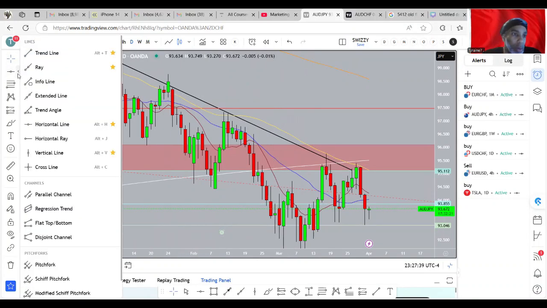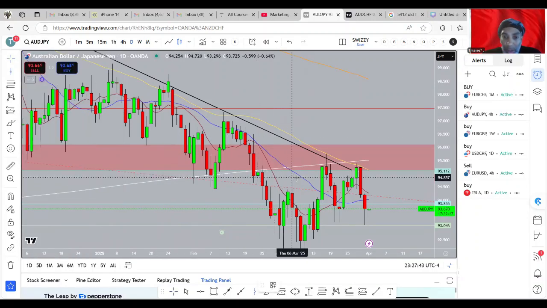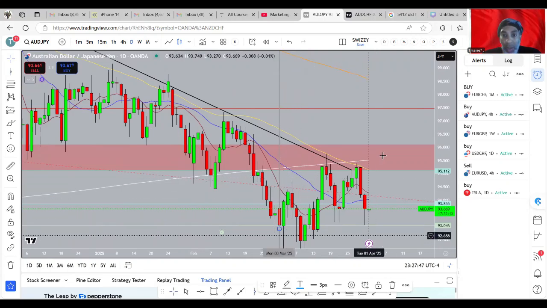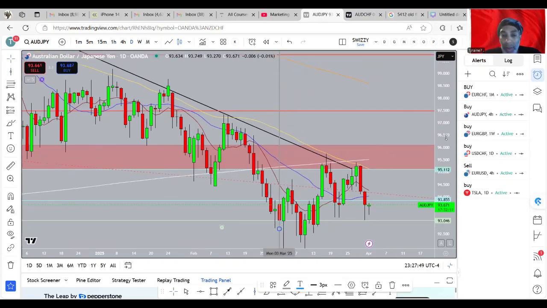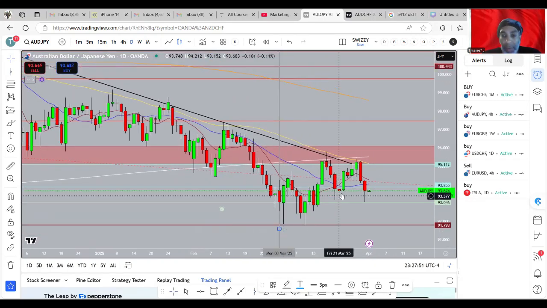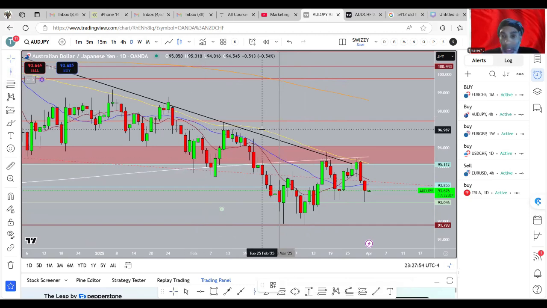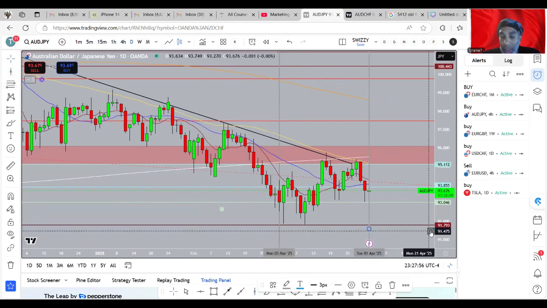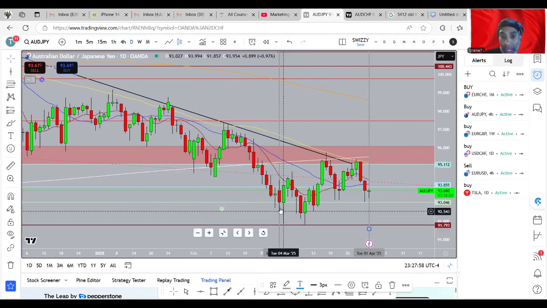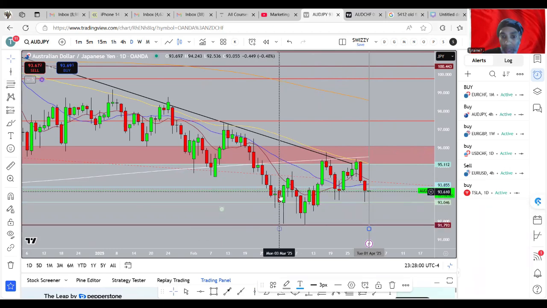So we're going to do a vertical line right here. So this was the first candlestick of the month. And here is the first candlestick of this month. And so now we can kind of see this was a down.